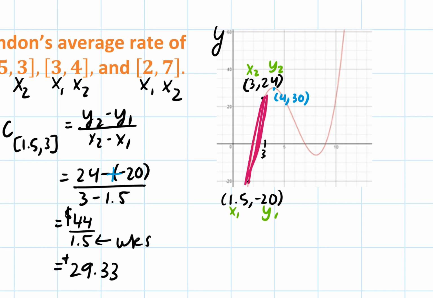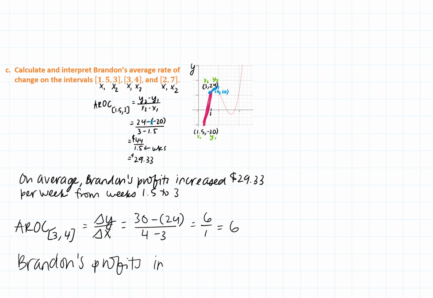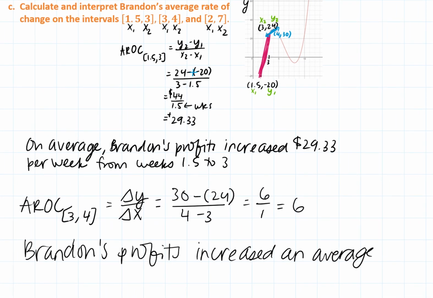Well, that makes sense. Look, his profits are increasing so dramatically between weeks 1.5 and weeks 3. From weeks 3 to 4, his profits are still going up, right? They're still increasing. If we're ignoring sort of this lull in the middle, we're just looking at these 2 points, but they're not increasing by nearly as much. So we would say Brandon's profits increased an average of, again, we're just taking an average because we're only looking at those 2 points.